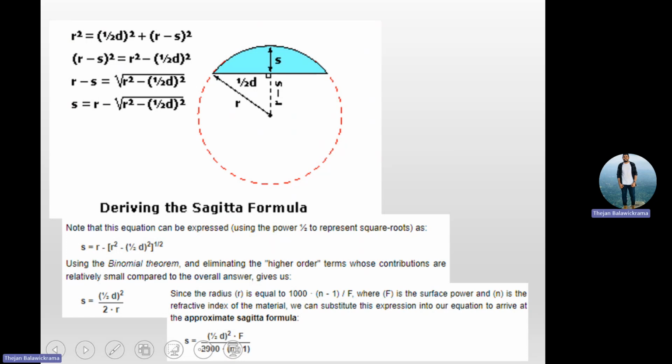This r squared is equal to... sagitta is s, r is your radius. So if we take this part, it should be r minus s. Pythagoras: half of the full diameter length, this part is half a d. So r squared is equal to (r minus s) squared plus (d/2) squared, Pythagoras. අපි එකෙන් equate කරනවා s, අපිට ඕනේ sagitta එකේ value එක derive කරන්න.